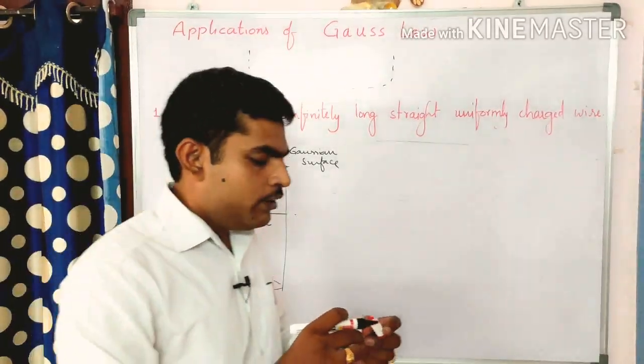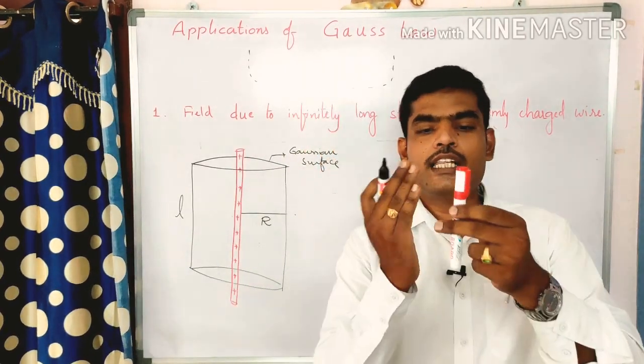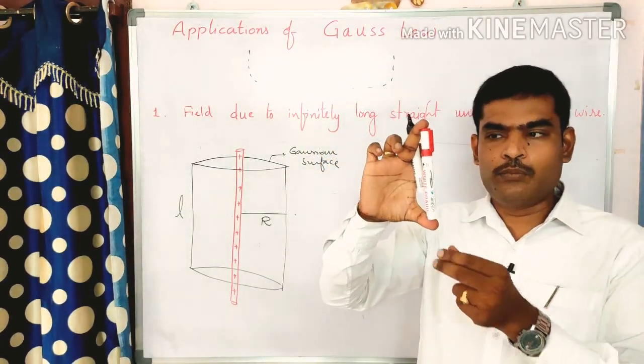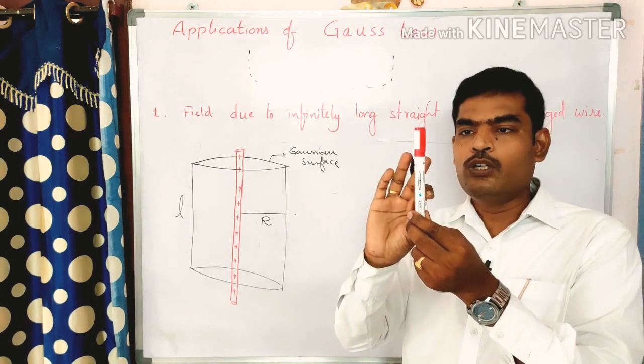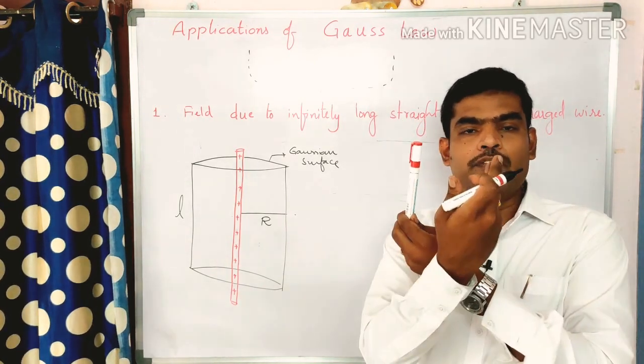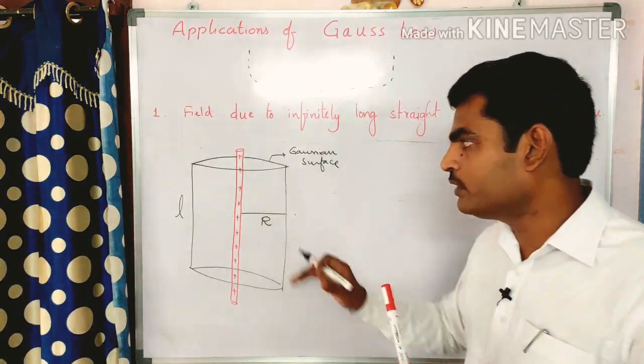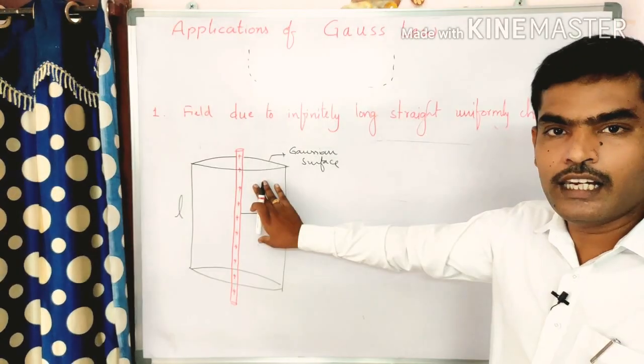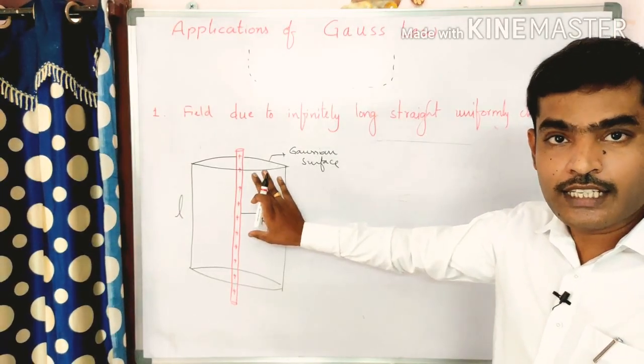Now imagine around a linear conductor, a three-dimensional surface. What is the shape of this one now? It is in cylindrical shape, right?